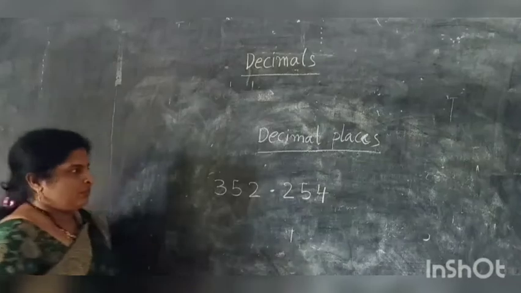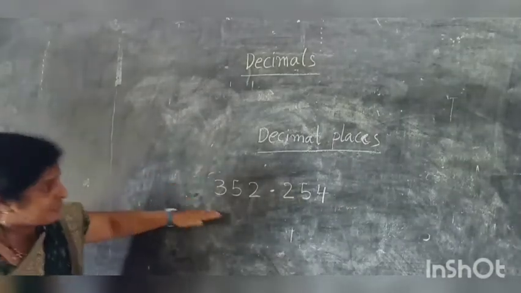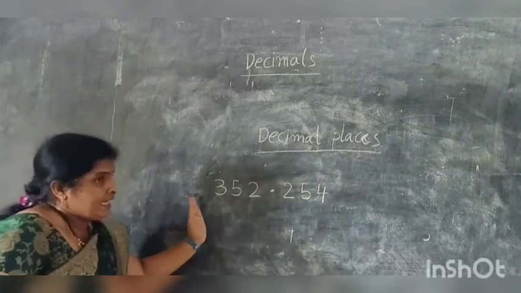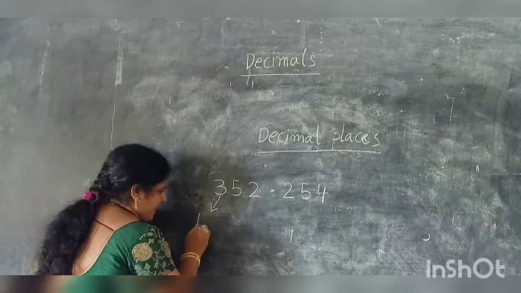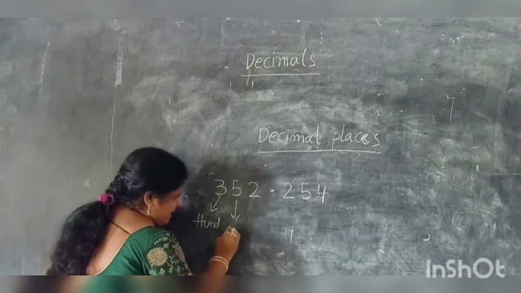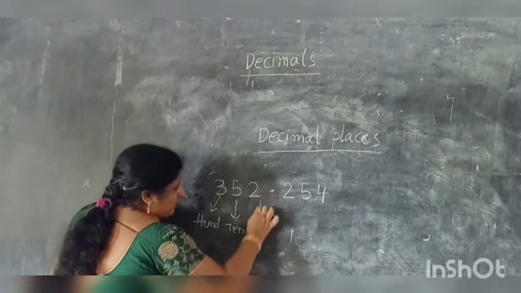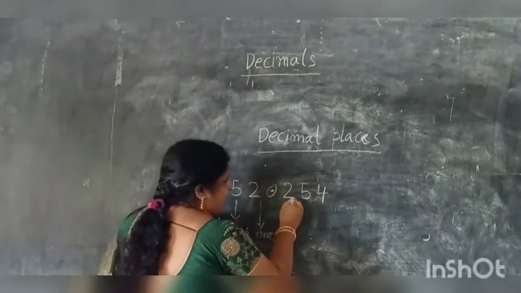Another example, 352.254. This is the decimal number. What is the place value of every digit? This is hundreds, this is tens, this is ones. This is the decimal point.